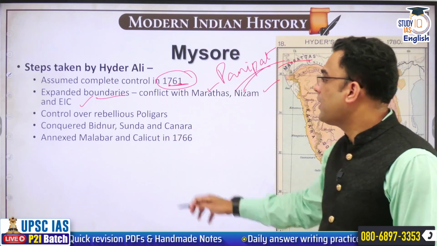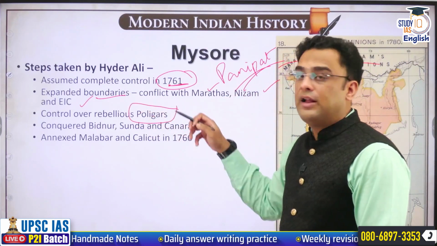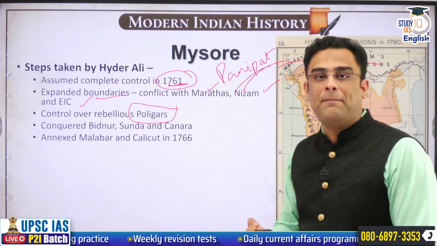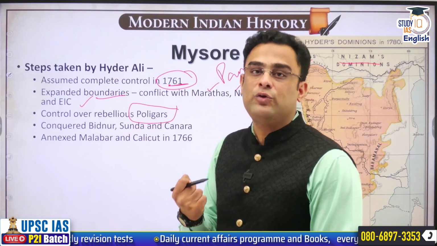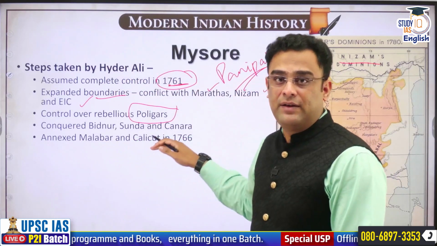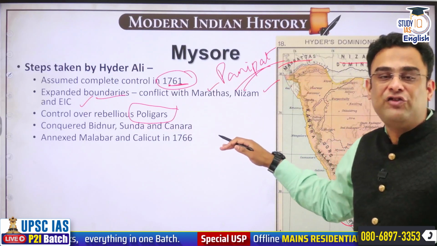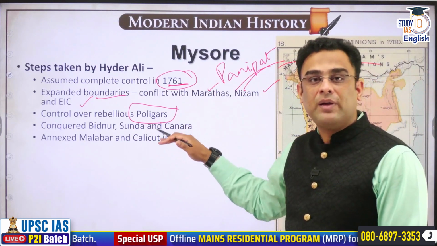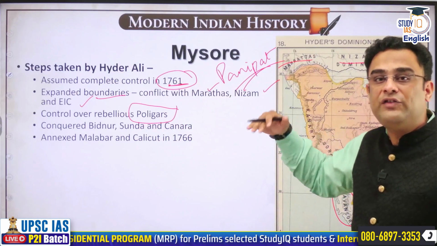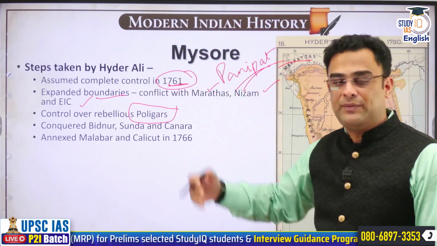Please note that. He ensured that internally, the kingdom of Mysore was compact. There was no challenge to the authority of the state. Therefore, he suppressed polygars who were traditional military chiefs in Mysore. Now, these polygars originated right from the Vijayanagar times.